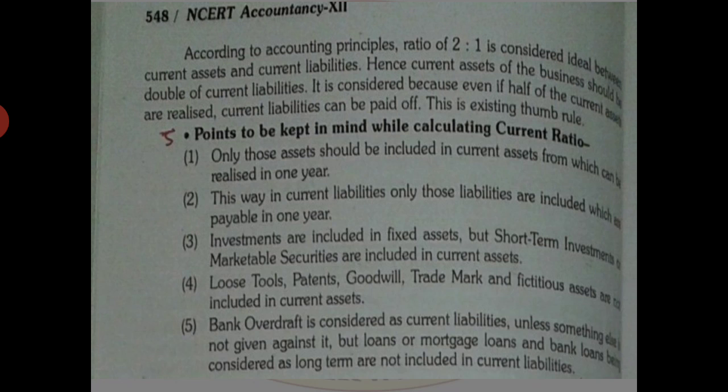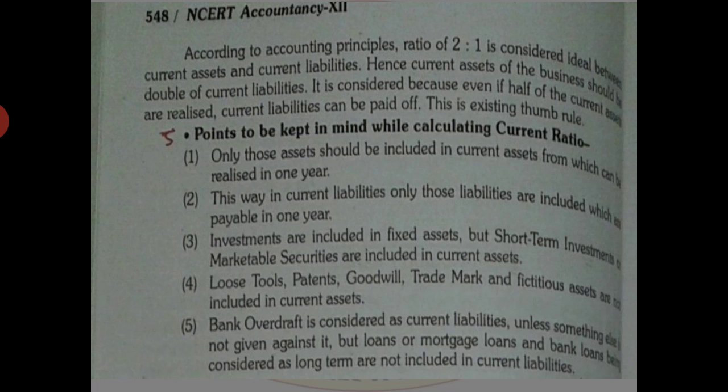What points are to be kept in mind while you are calculating current ratio? This is very important, because by using these points only you would be able to solve the question.